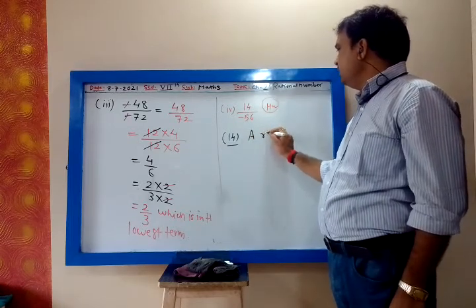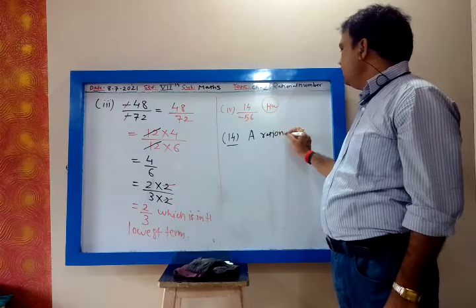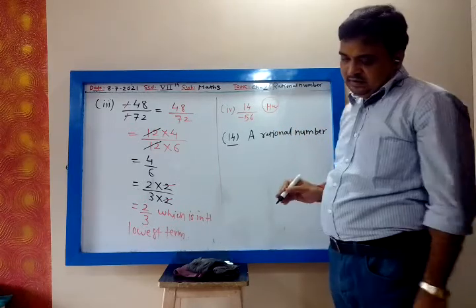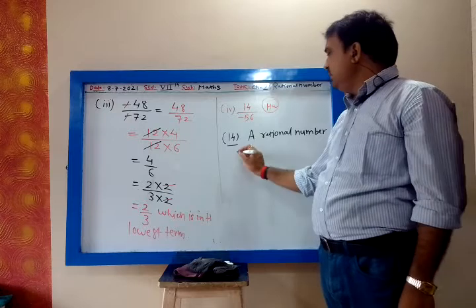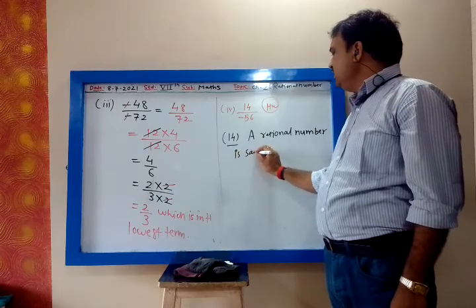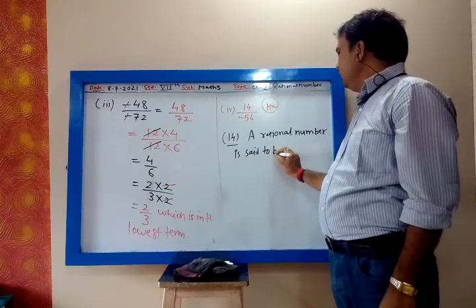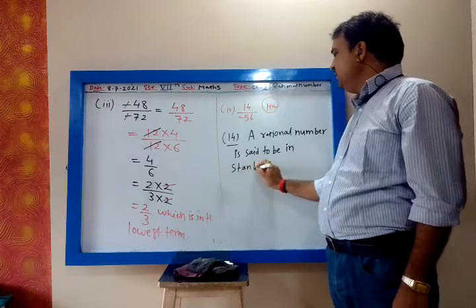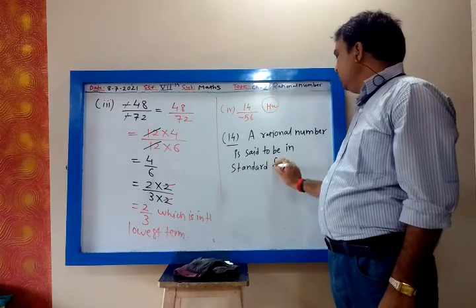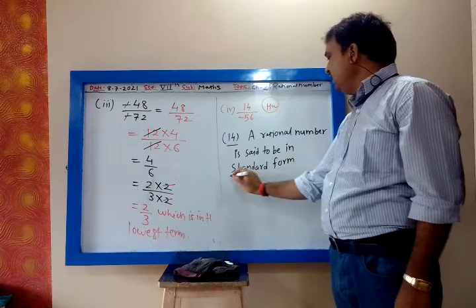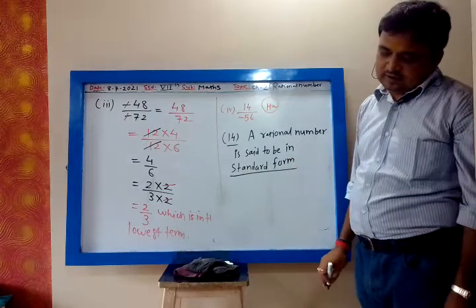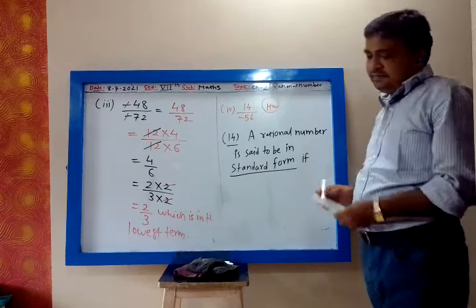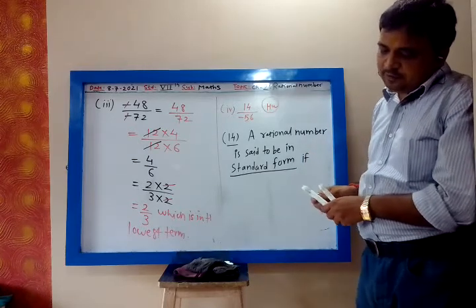A rational number is said to be in standard form if the denominator is positive.